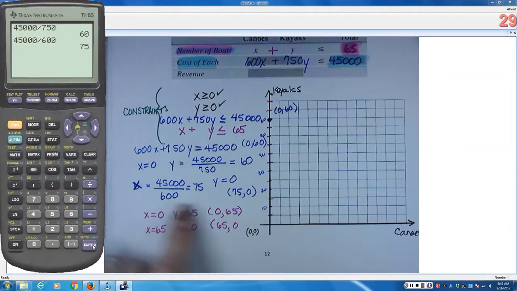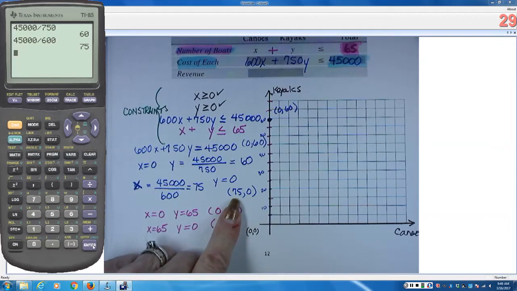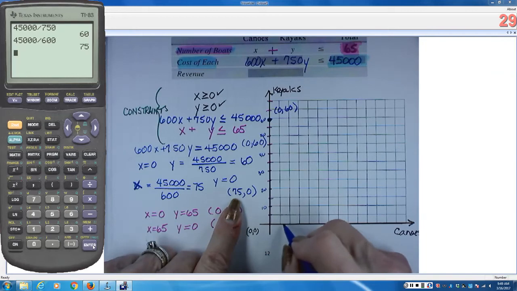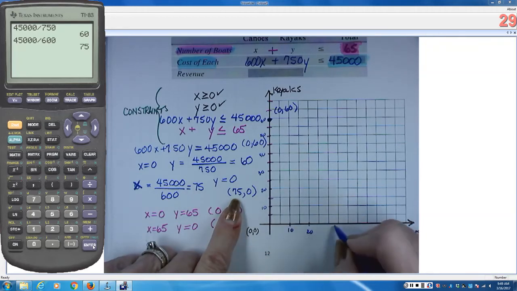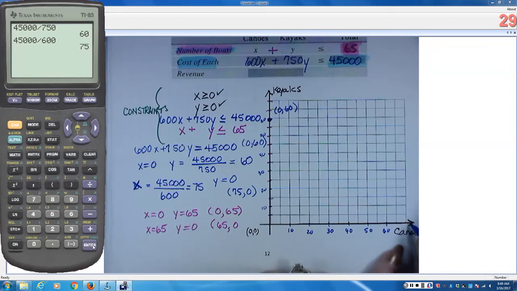And then the other point that I need is 75, 0: 10, 20, 30, 40, 50, 60, 70, and 75 would be about there.